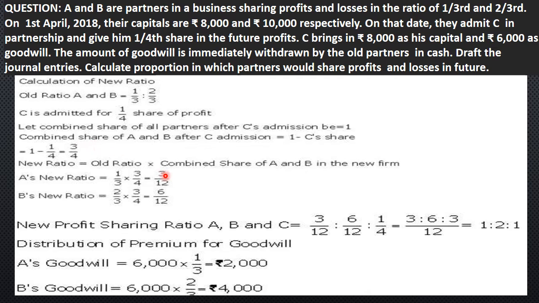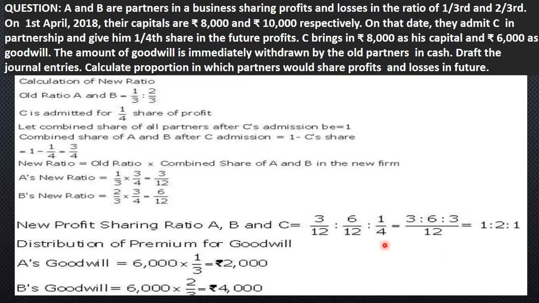And this 3/4 the old partners will distribute in their old ratio. Now when we distribute this 3/4 share in their old ratio of 1:2, A will get 1/3 into 3/4, which is equivalent to 3/12, and similarly B will get 6/12. Now after making their denominators the same with C, we will get the ratio 1:2:1.